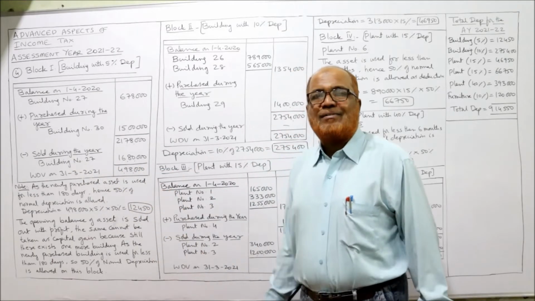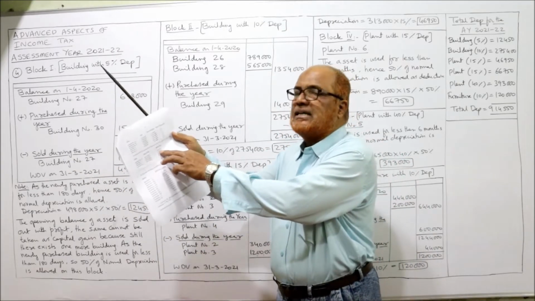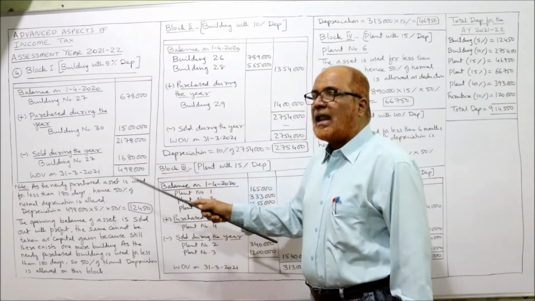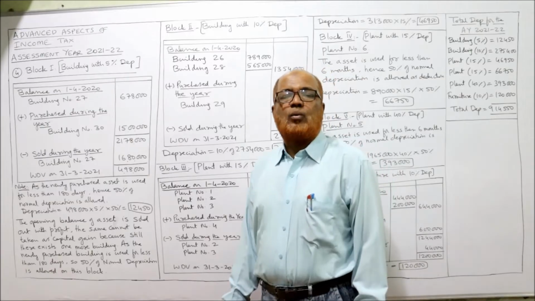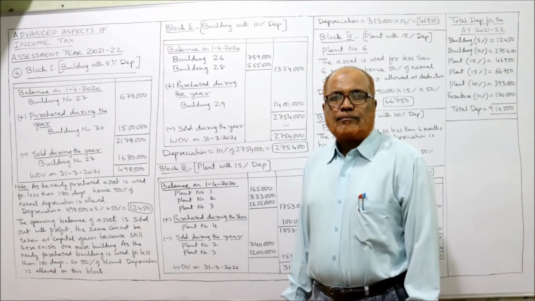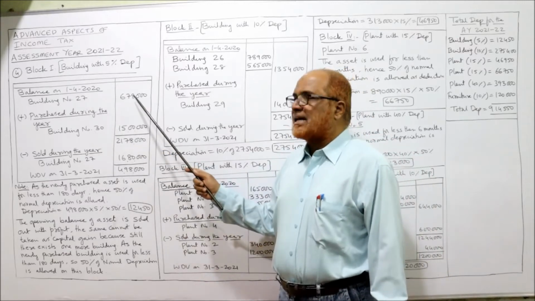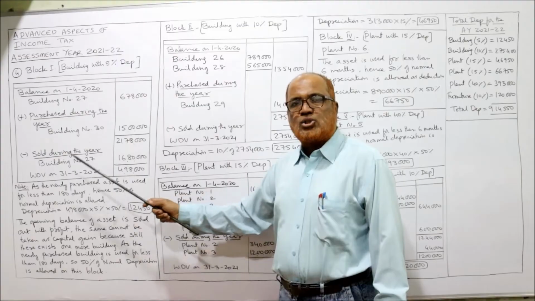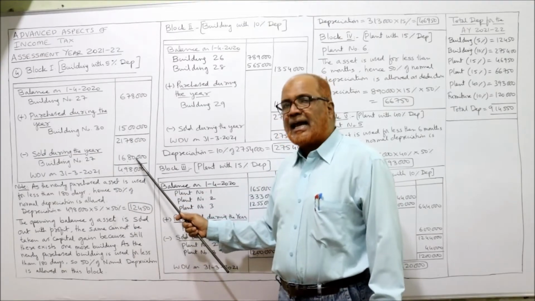Building number 27 was sold for rupees 16,80,000. Subtract. 4,98,000 is the WDV of the building at the end of the year. The opening WDV was 6,78,000, purchased during the year 15 lakh, and sold during the year 16,80,000.